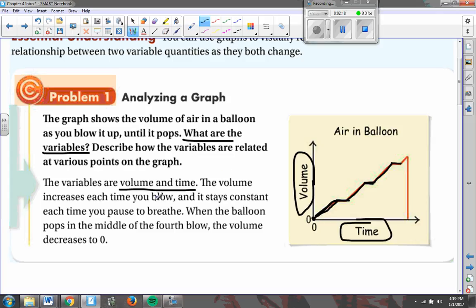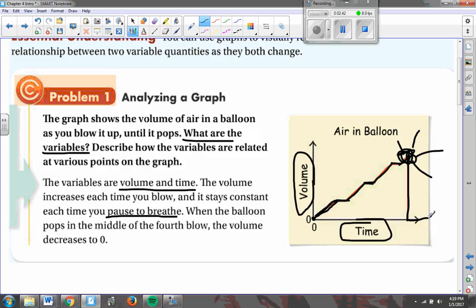Okay, so that's kind of what they're saying here. The volume increases each time we blow, stays consistent each time we pause to breathe. Okay, and then here, after 1, 2, 3 breaths, we blow in too much air, and this is the moment right here where it all goes wrong. It pops, goes kaboom, and obviously the volume of air instantly drops down to nothing.